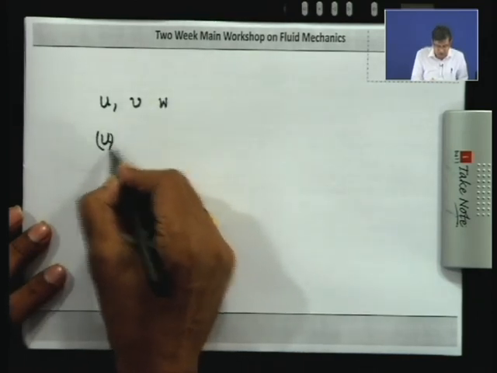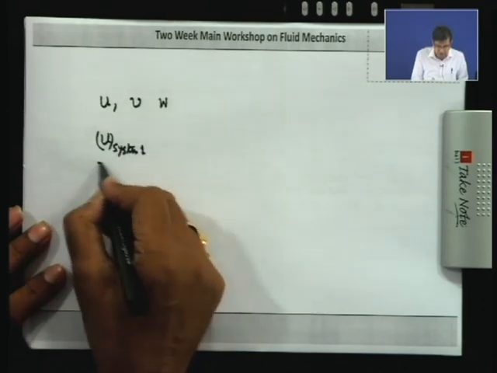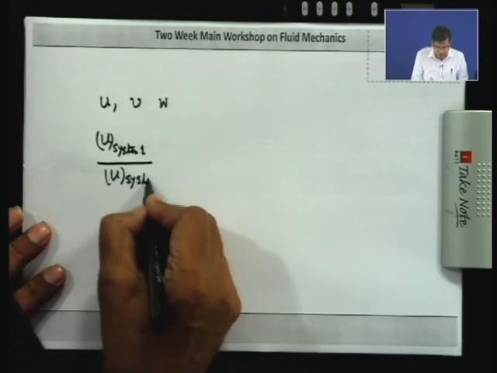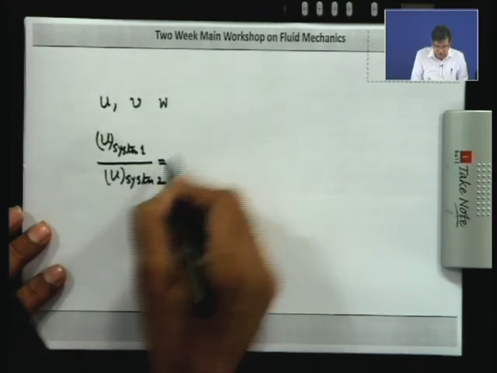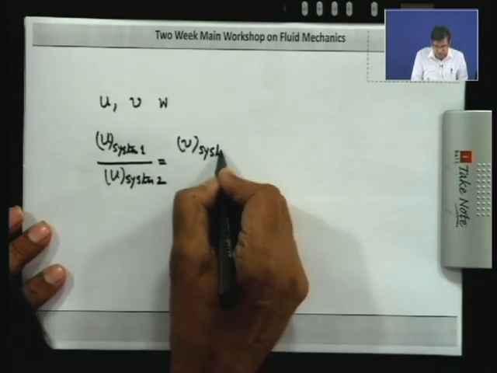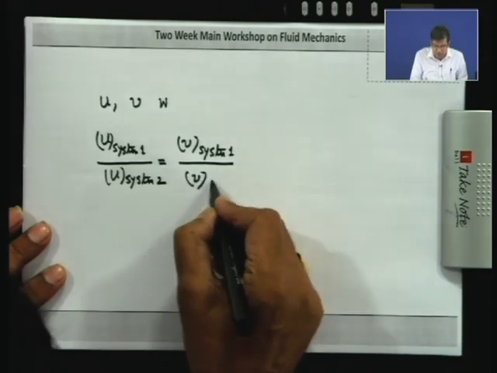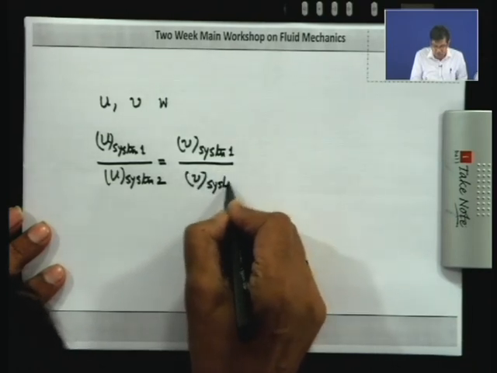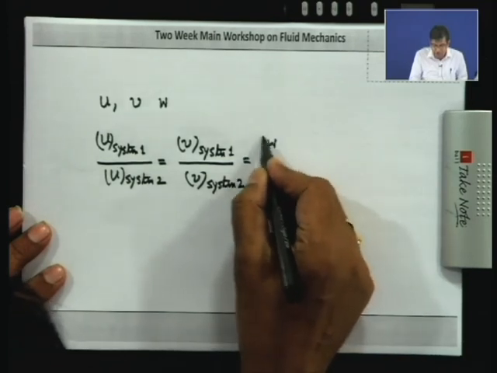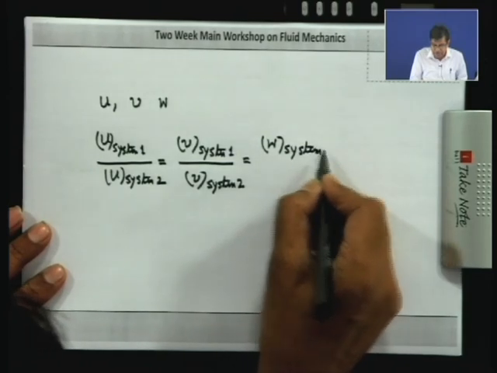So u for system 1 to u for system 2 must be equal to v for system 1 to v for system 2. Similarly for w for system 1 to w for system 2, in a 3-dimensional case, I am just giving an example.